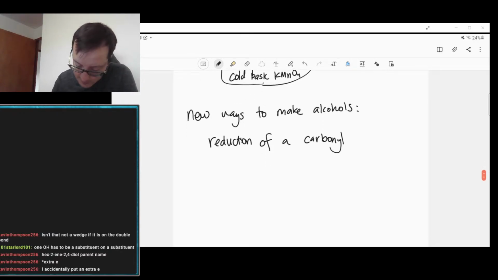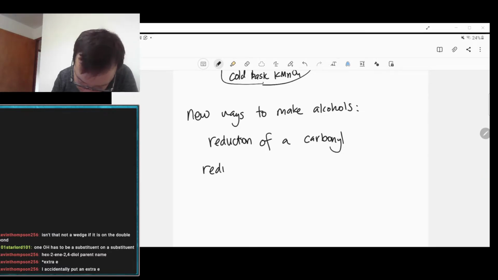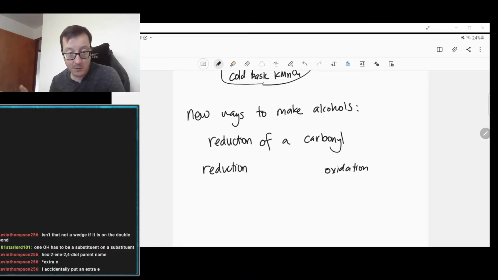So with reduction and oxidation of carbon, we can look at oxidation numbers, of course. We can take a look at our carbon and look at the electrons and what's more electronegative than this. We can do that.